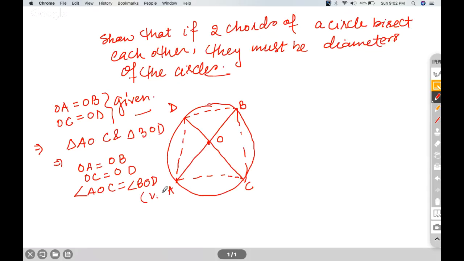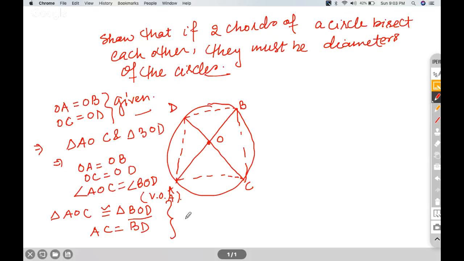Why? Because this is vertically opposite angle. So it means that triangle AOC is congruent with triangle BOD, and in this particular case, AC is equal to BD.